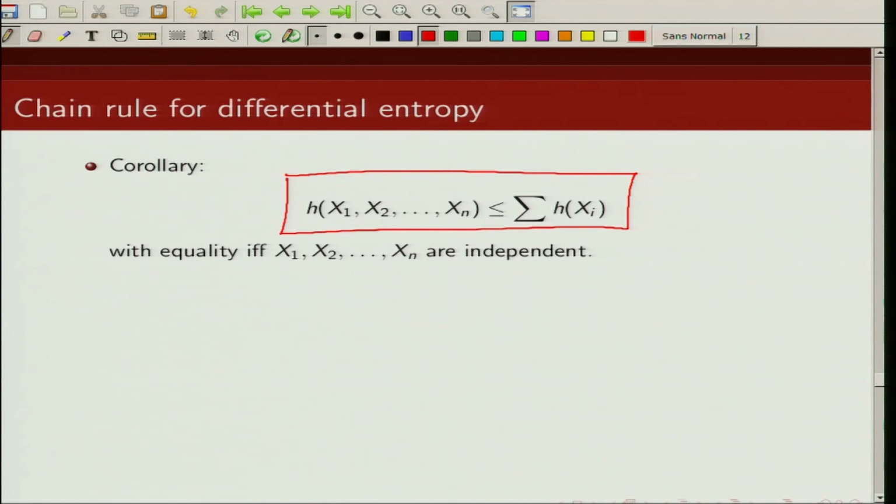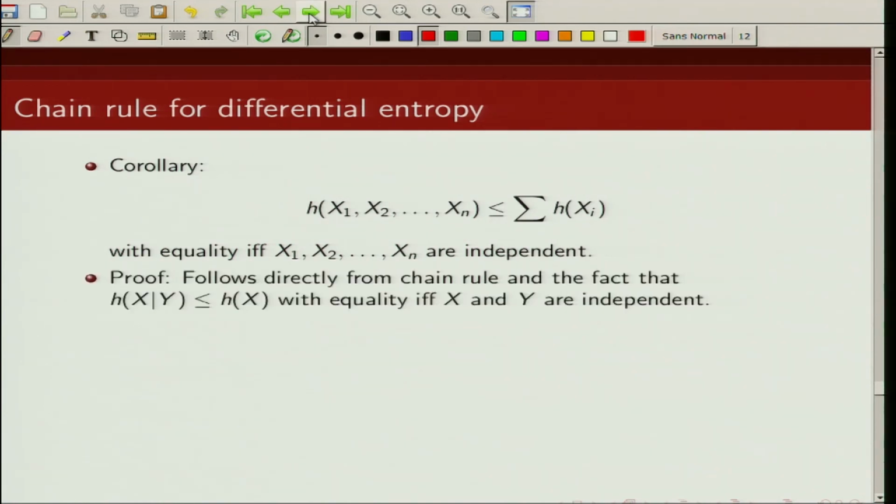And of course this joint differential entropy is equal to the sum of the individual differential entropies when these xi's are independent. So I've already given the proof. This follows from the chain rule and the fact that conditioning cannot increase entropy.